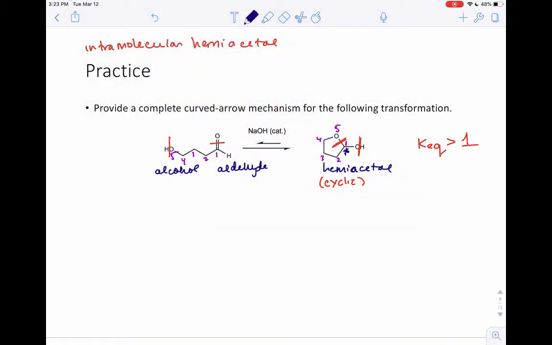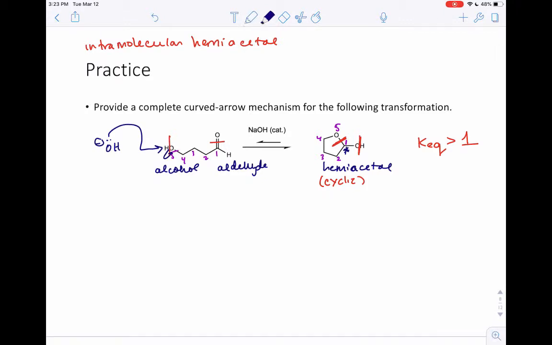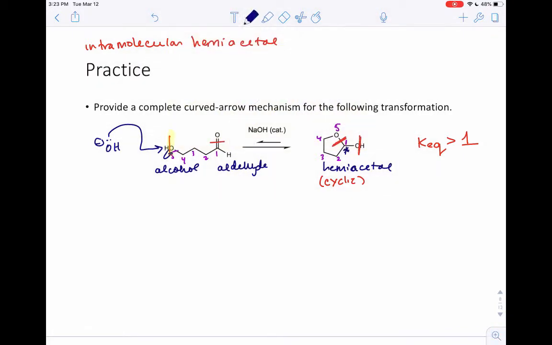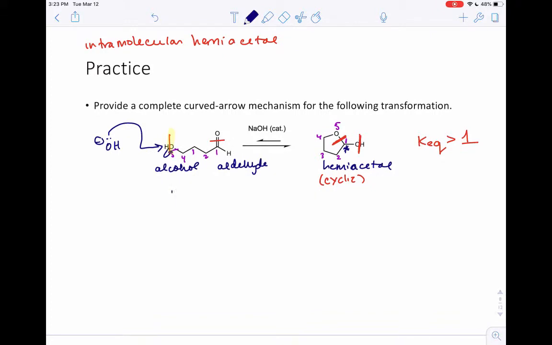So we're in base, so the first thing we're going to do is deprotonate something. I'm going to go ahead and deprotonate the alcohol portion of this molecule. And that essentially accomplishes step 1, right? Which was to break this bond here. So we have a proton transfer reaction.